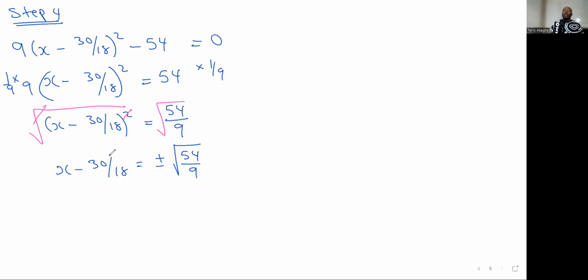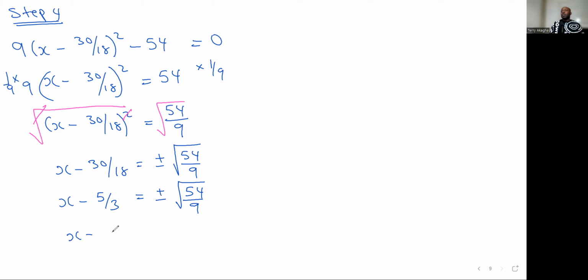So you can simplify 30 over 18. It's the same thing as saying 5 over 3. So it's going to be x minus 5/3 is equal to plus or minus square root of 54/9. Okay? Then you take this to the other side.